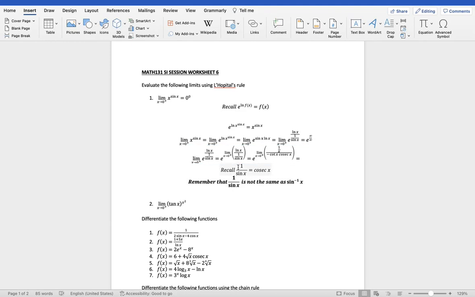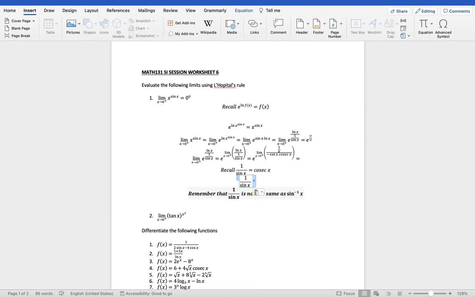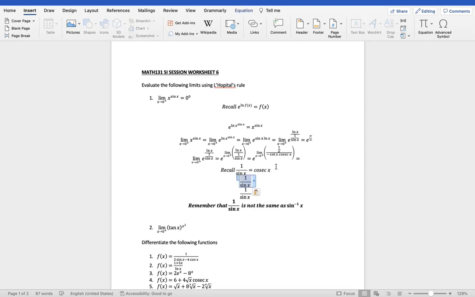Okay, so we were trying to figure out what's the derivative of 1 over sine. For this, you can use the quotient rule. Remember the quotient rule for derivatives. So what does the quotient rule tell you?